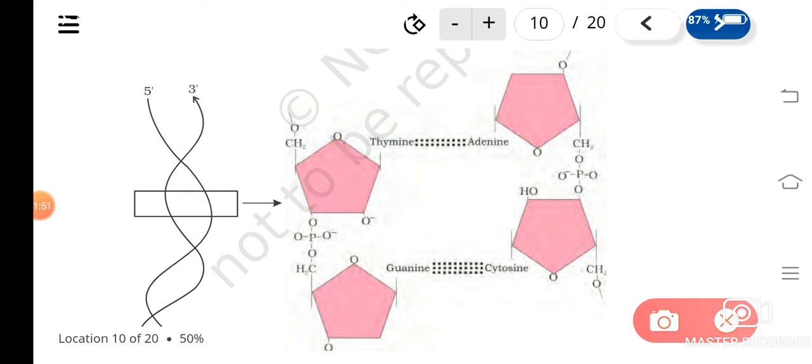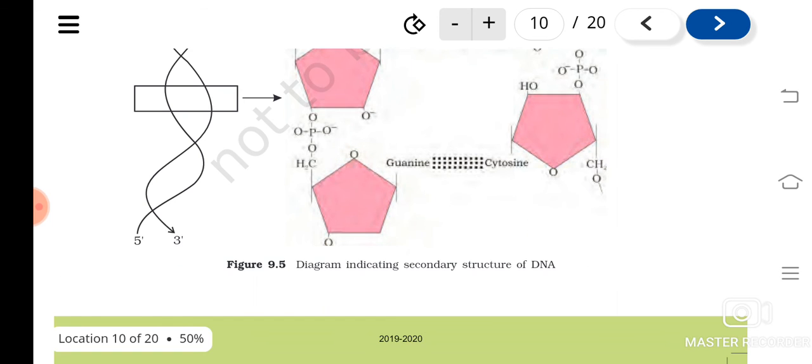The strands are made up of sugar and phosphate, and between the nitrogen bases of each nucleotide there exist hydrogen bonds. A and T combine with two hydrogen bonds, and C and G with three.